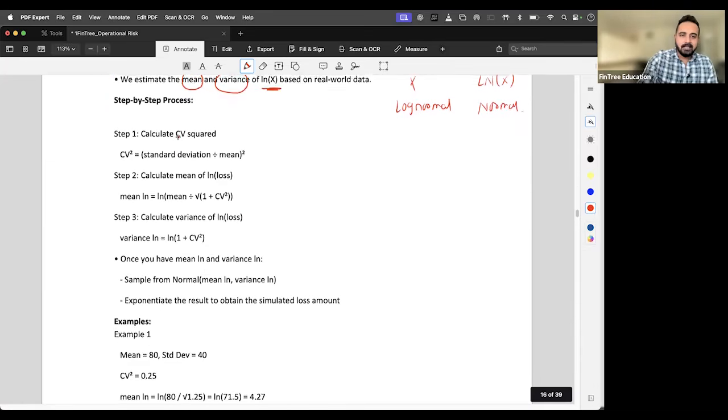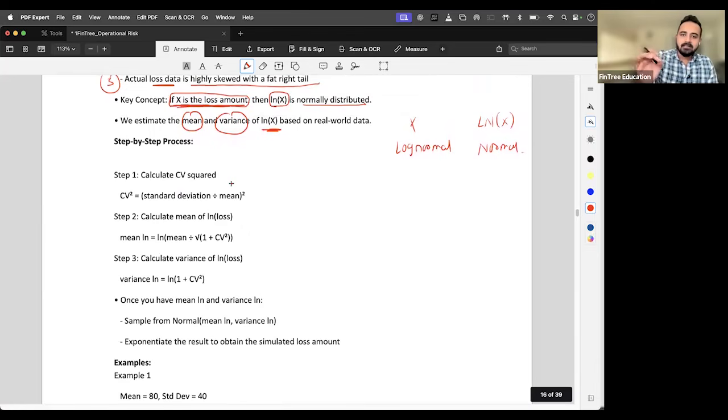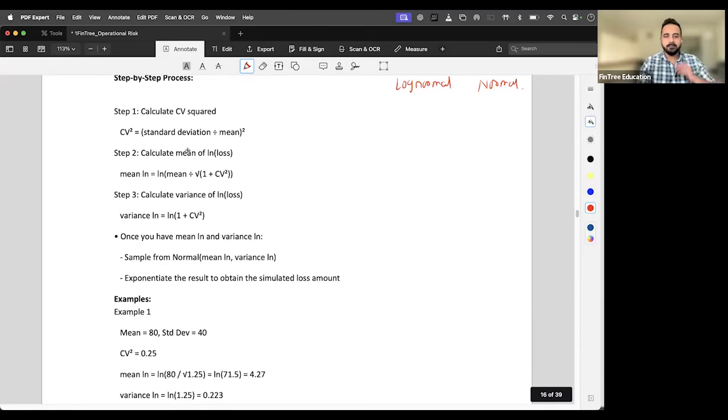First, if I want to calculate the mean and variance of the natural log values of X, this is the formula I will use. Step number 1, I will calculate a concept called CV square, coefficient of variation. Now this formula you might have come across in basic quant classes, but if you haven't, it's very simple. It is nothing but mean divided by, and my apologies, I did the other way around.